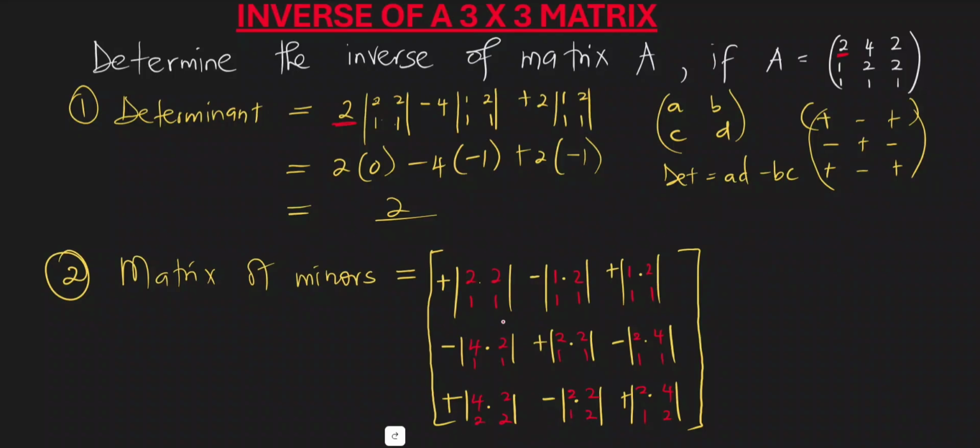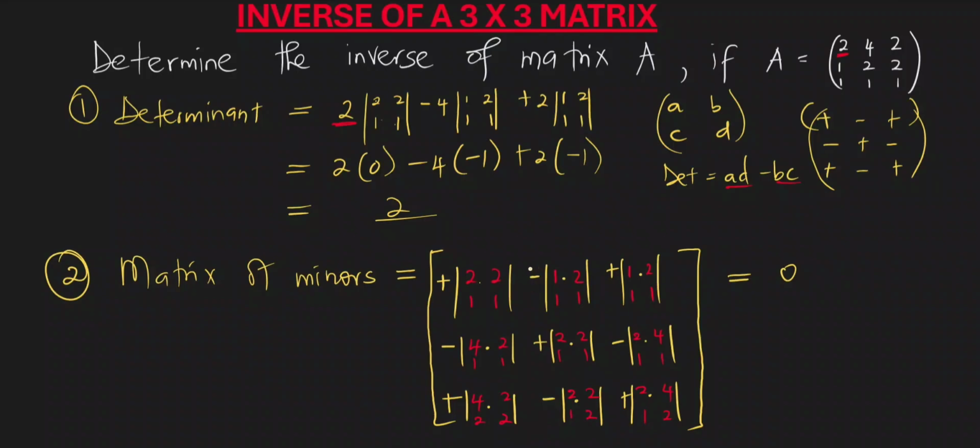Let's continue. To simplify that one, we simply have to find our AD minus BC. Get the values. Okay, let's see what we get. First one, that's 2 minus 2, we get a 0. Then 1 minus 2, we get minus 1.